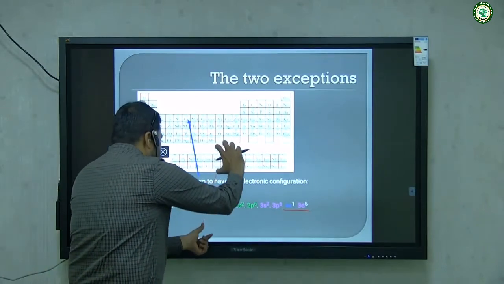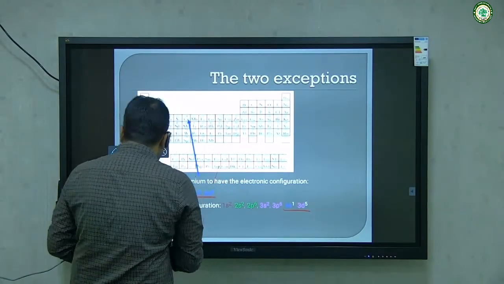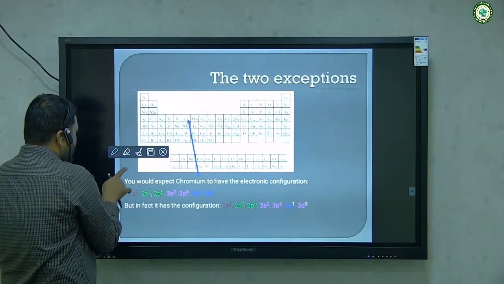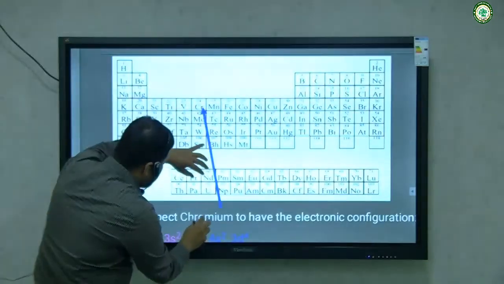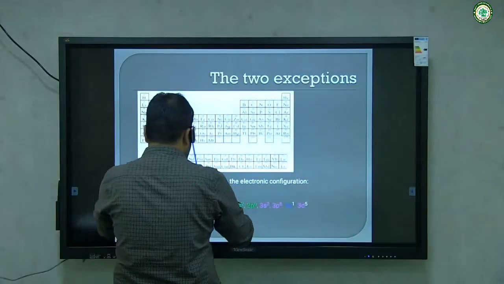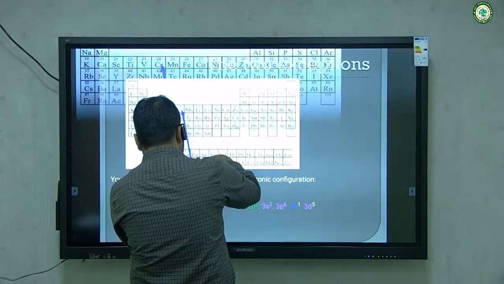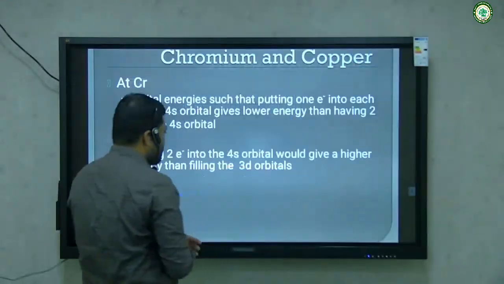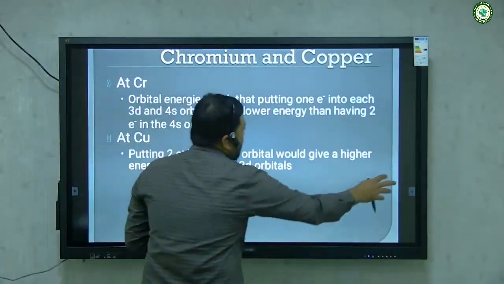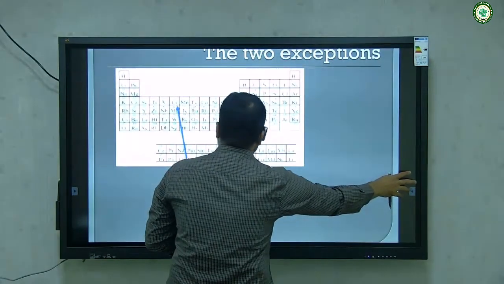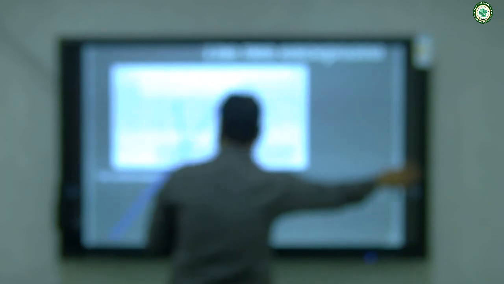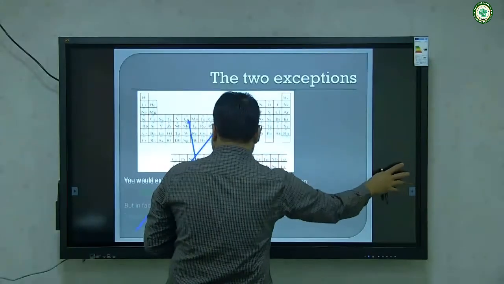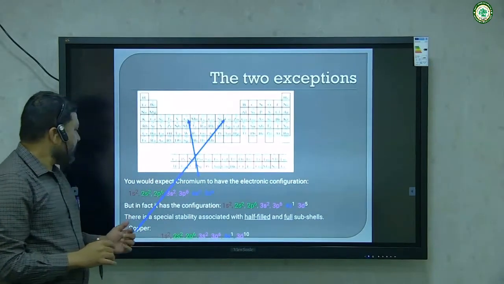What happens in case of these two elements, copper and chromium? There will be a change.